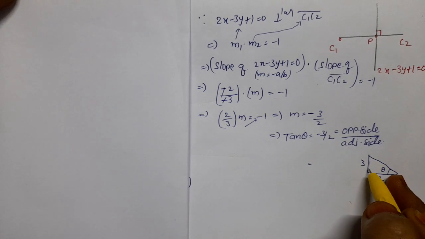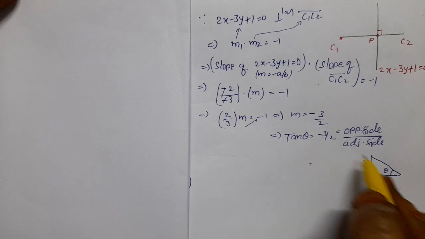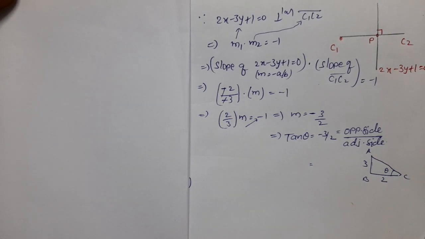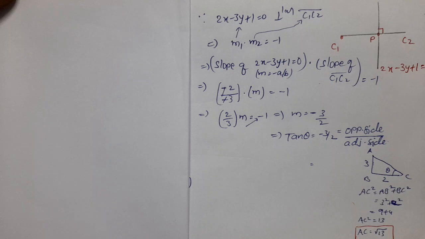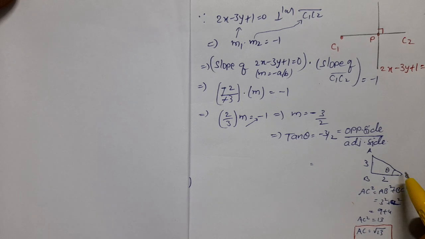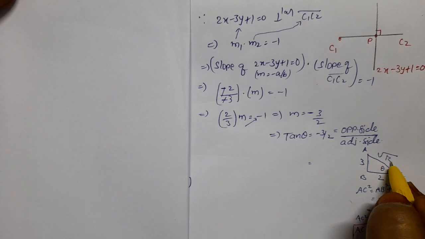Lengths are always positive, that's why here we are taking 3 and 2. In the right angle triangle ABC, by the Pythagoras formula, hypotenuse squared equals side squared plus side squared. From this we get AC equal to root 13.